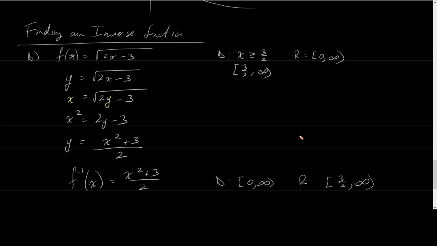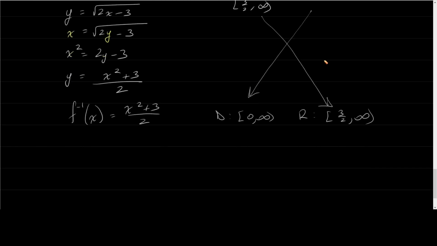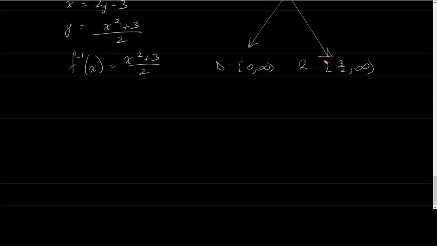So notice that the range of the inverse function is the domain of the original function, and the domain of the inverse function is the range of the original function.